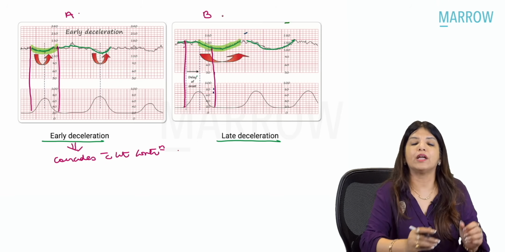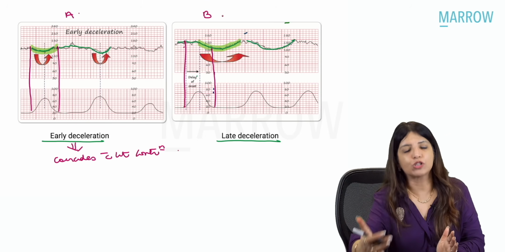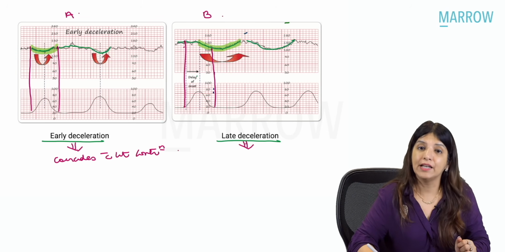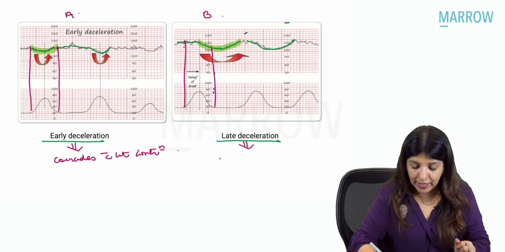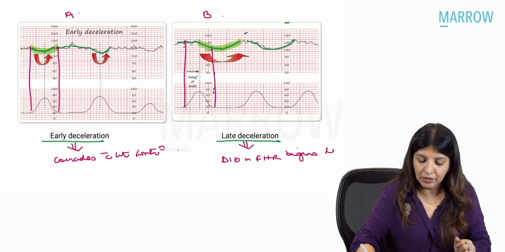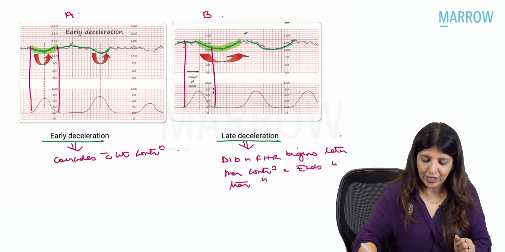In image B, it is beginning after the contraction began and it is ending also after the contraction ends. This is what is called late deceleration. In late deceleration, the dip in fetal heart rate begins later than the contraction and ends later than the contraction.